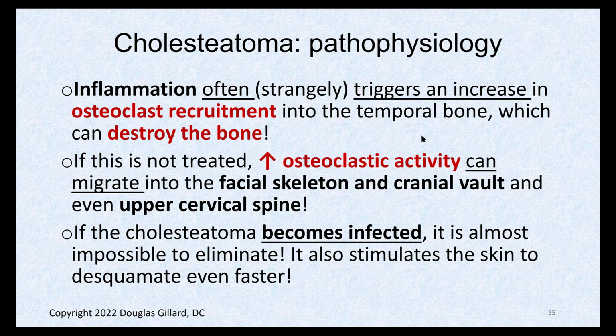And so if you don't treat and get rid of that squamous skin inside the middle ear, the osteoclast activity can become significant, and it can actually destroy the temporal bone, and it can destroy the mastoid, and it can even get into the facial skeleton and destroy your face, and it can get into the cranial vault and destroy that.